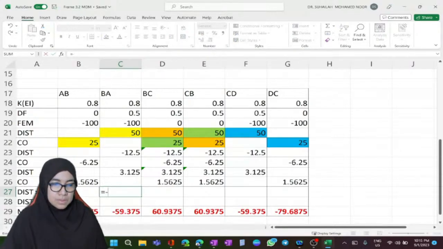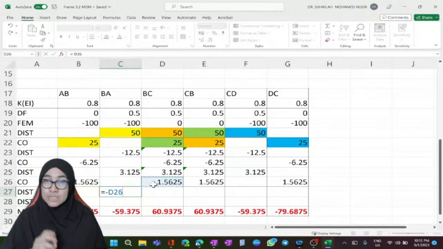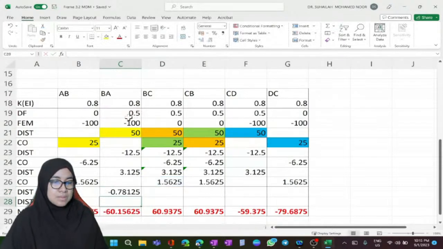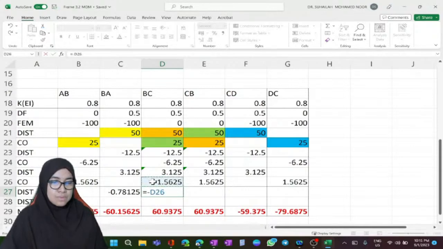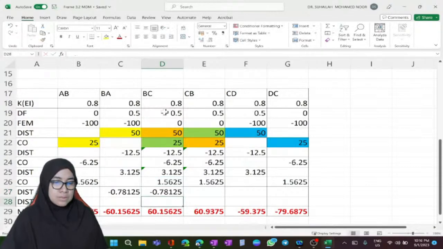So 1.5625 times with factor 0.5. Don't forget to put negative, because the value must be in opposite.